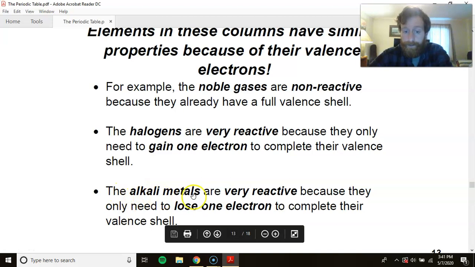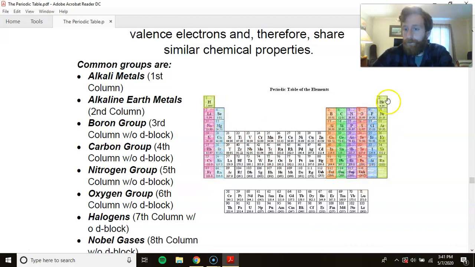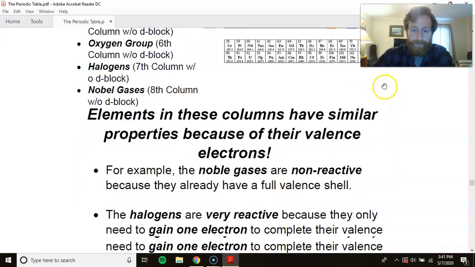And the alkali metals are also very reactive because they only need to lose one electron to complete their valence shell. It's a good rule of thumb that the middle of the periodic table is the least reactive, and as you get out to the edges, you get more and more reactive, with of course the exception of the last column being non-reactive altogether.